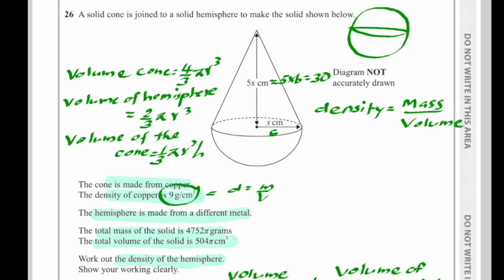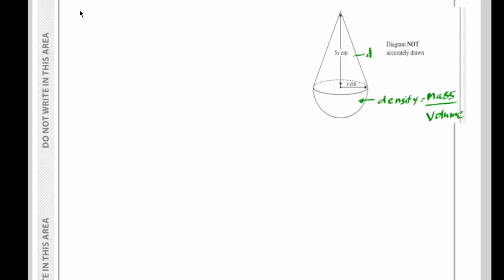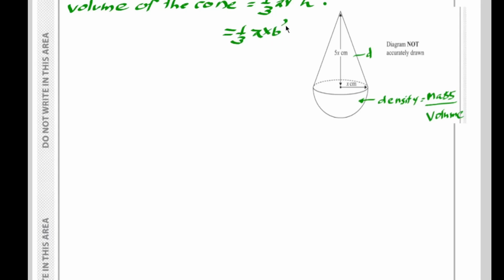So volume of the cone equals 1/3 pi r squared h. So 1/3 pi, r is x, which means 6 squared, h is 5x, which means 6 into 5, which is 30.